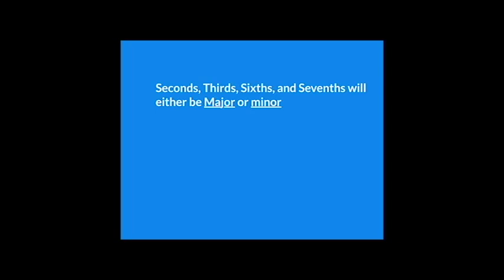The number component of the interval, which we found earlier, is going to impact what choices you have for the quality of the interval. Seconds, thirds, sixths, and sevenths will either be major or minor. The minor version of each of these is 1 half step smaller than the major version of it.